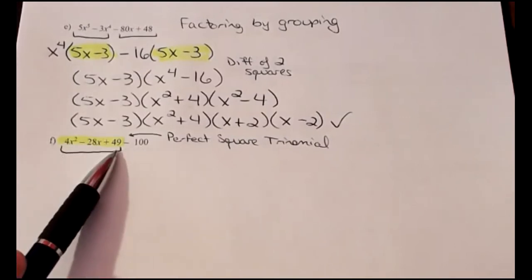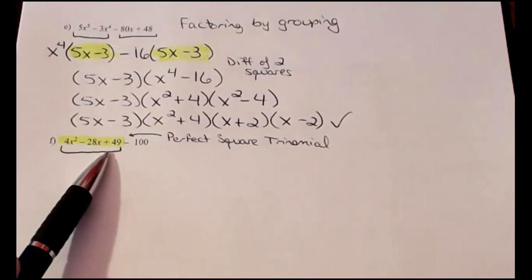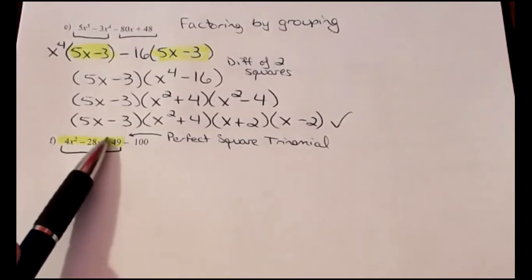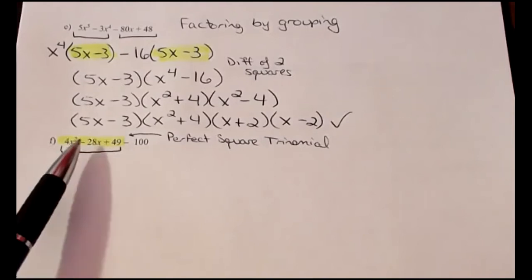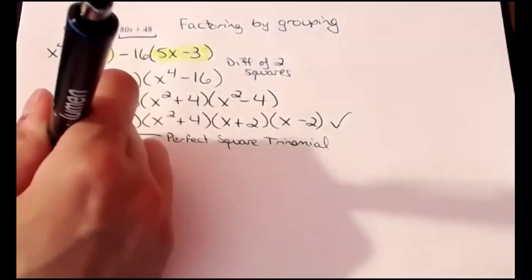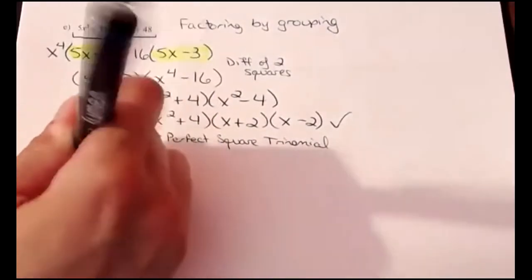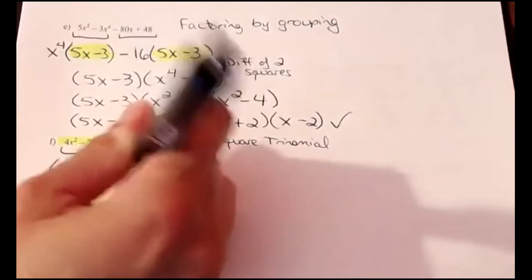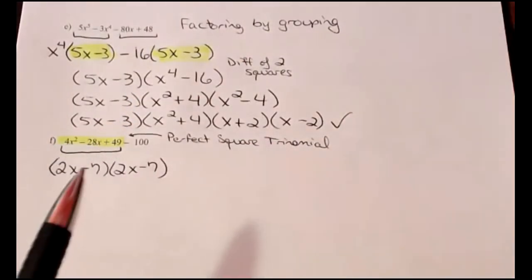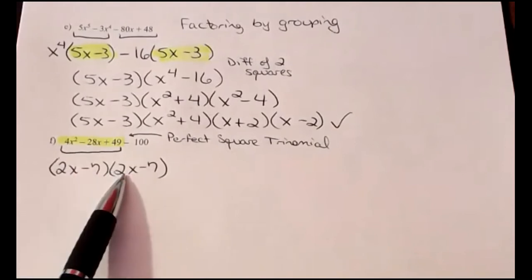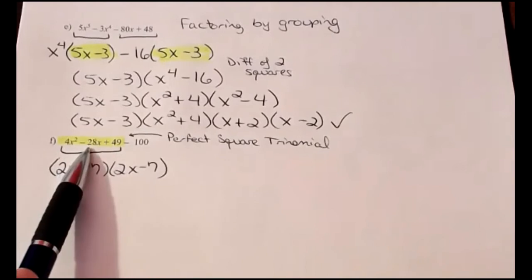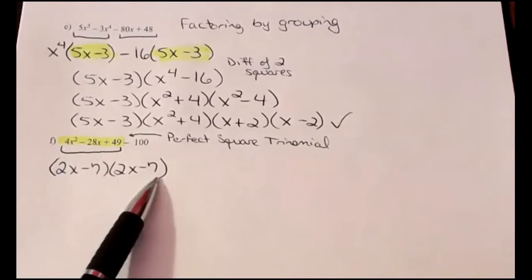We know that 49 would break down into 7 times 7. What the signs here tell us is that our signs are going to be the same, but they're both going to be negative. Okay, so let's check this out. So I would have 2x minus 7 times 2x minus 7 if I factored this perfect square trinomial out correctly. Do a check, 4x squared, negative 14x, negative 14x. Yep, that gives me my negative 28x, and then plus 49.